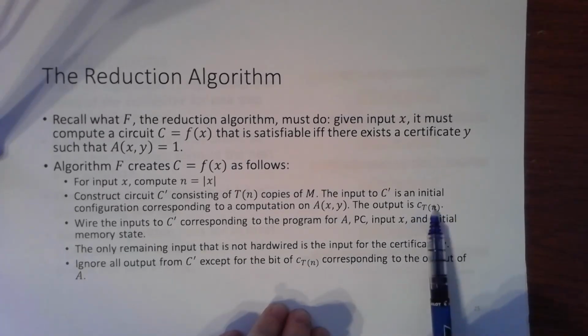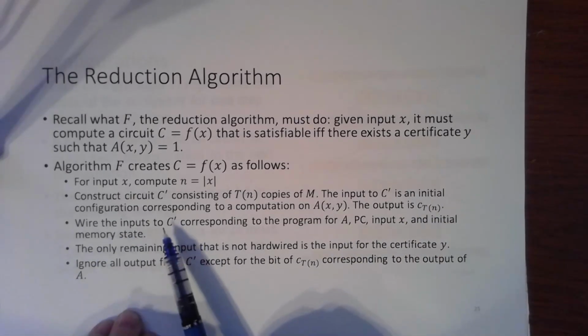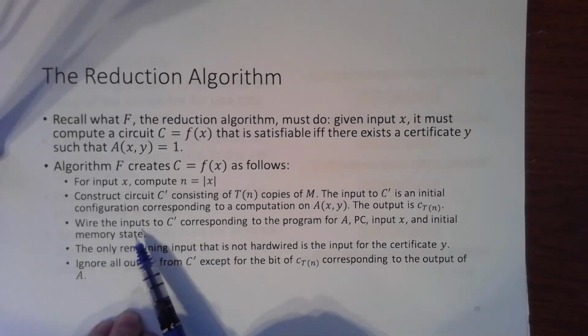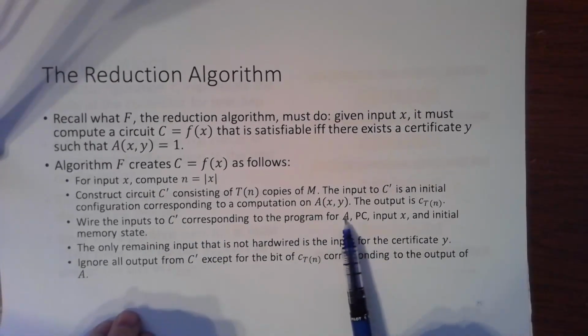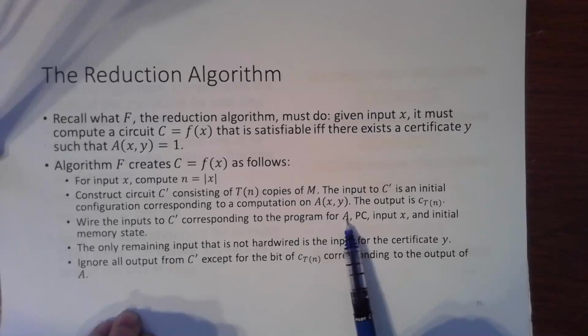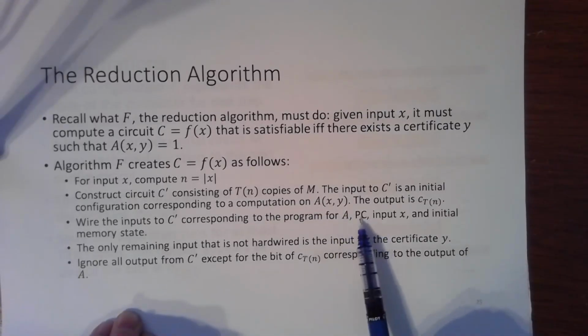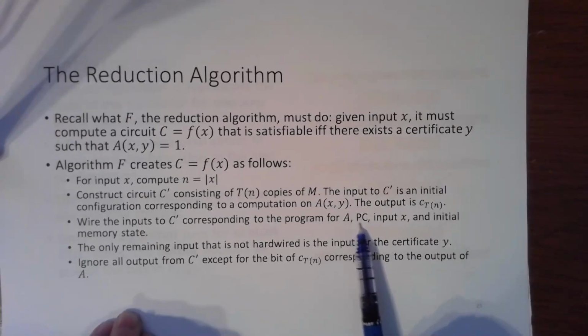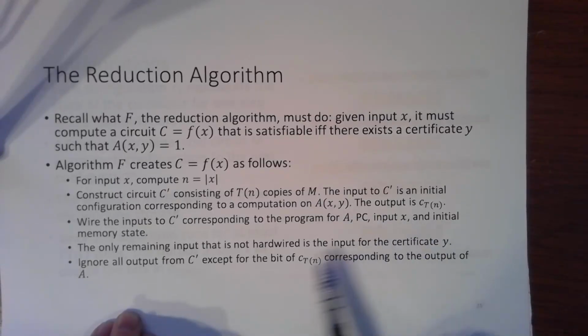Then we're going to wire the inputs to C prime corresponding to the program A. So we're going to hardwire whatever the representation for A is, the initial program counter, and input X in the initial memory state.